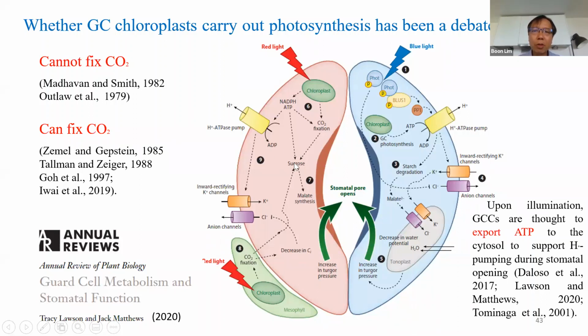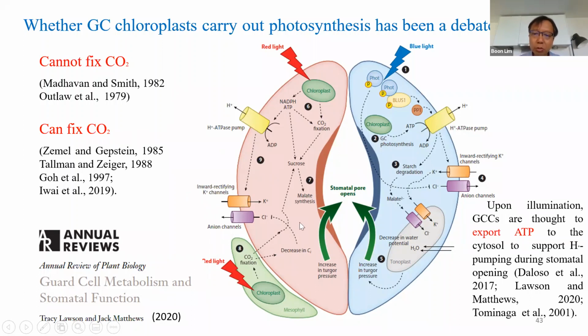In this diagram, you can see that the chloroplast can receive light and then carry out CO2 fixation, and also the chloroplast can export ATP. Okay, guard cell chloroplast photosynthesis can export ATP. This ATP supplies the proton ATPase pump, that is, to pump out protons to activate the K channel.